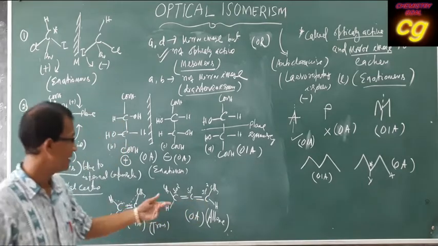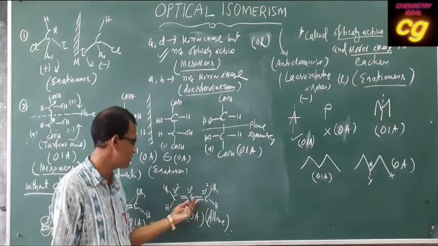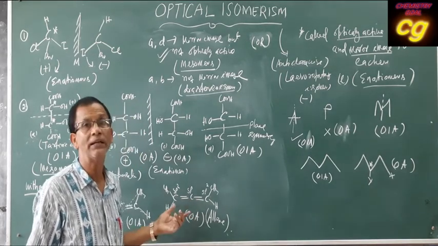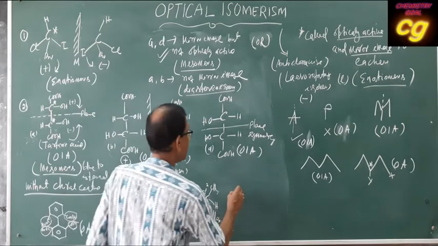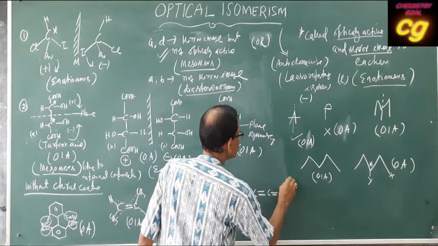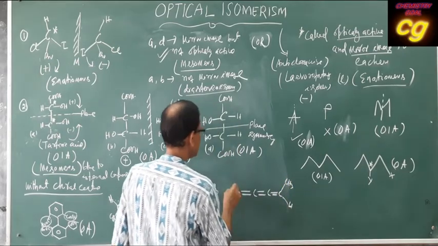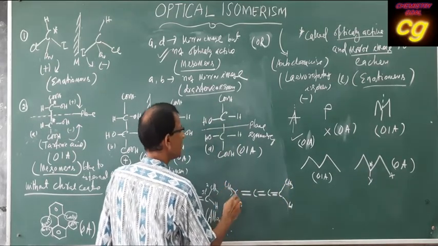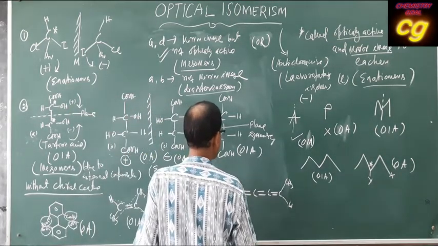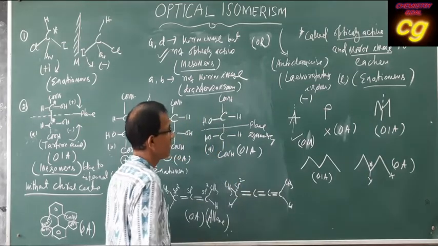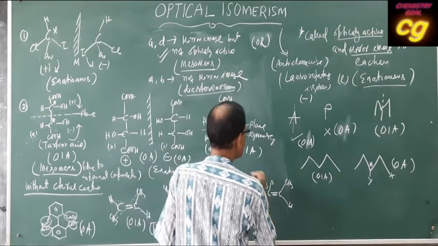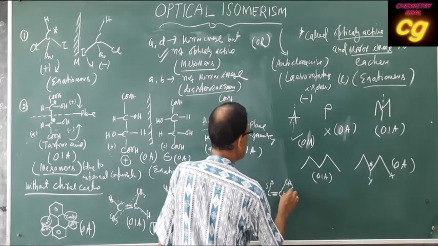Generally, in allene, if the number of conjugated double bonds is even, even number means always optically active. If you take an odd number, then what happens? Suppose this is sp2, it will be sp, it will be sp, it will be sp2.